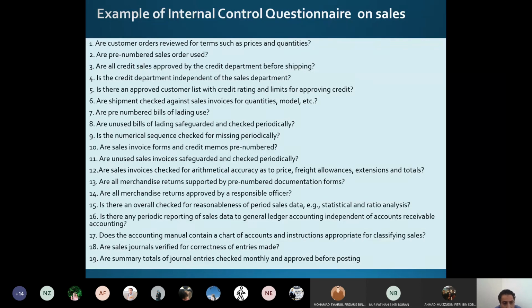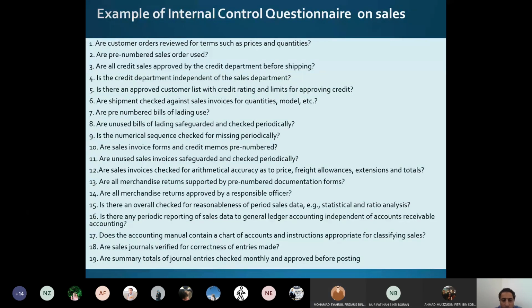Okay, number 12. Are sales invoices checked for arithmetic accuracy as to price, allowances, extensions, and totals?